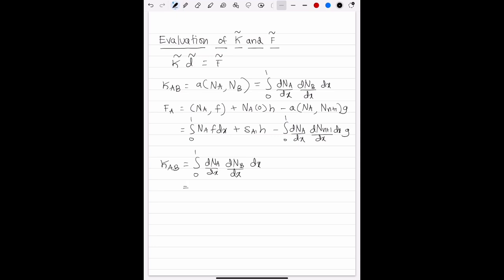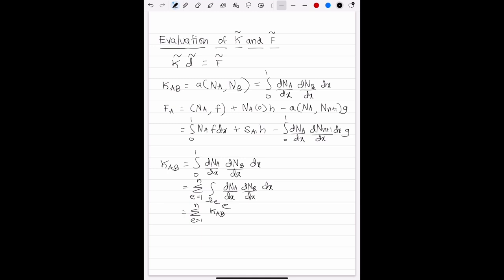So essentially K_AB can be written as the summation over all elements e equal to 1 all the way up to element number n of the integral over each particular element's domain Omega_e of dN_A/dx dN_B/dx, which can simply be written as the summation e equal to 1 to n of K_AB^e.